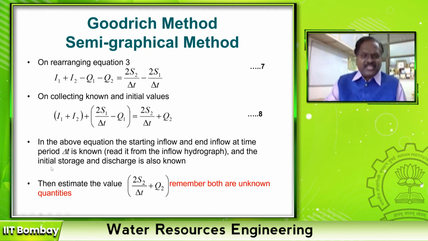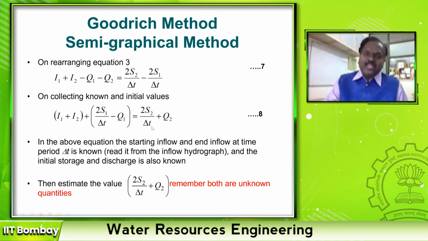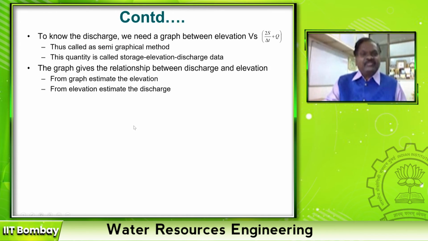Okay. So the first thing we need is a relationship of the storage and discharge. How to estimate this? The storage and discharge is a function of the specified reservoir and not of a flood. So once I know delta T, then I can derive this relationship, right?